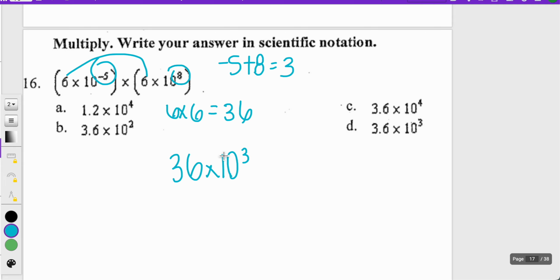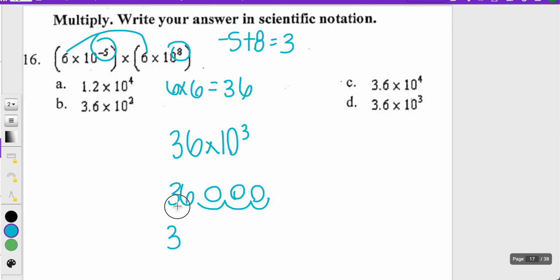This is not a scientific notation though. So to write it in standard form, take our 36 and move it 3 times to the right. We get 36,000. But to write it in scientific notation, 3.6 times 1, 2, 3, 4.